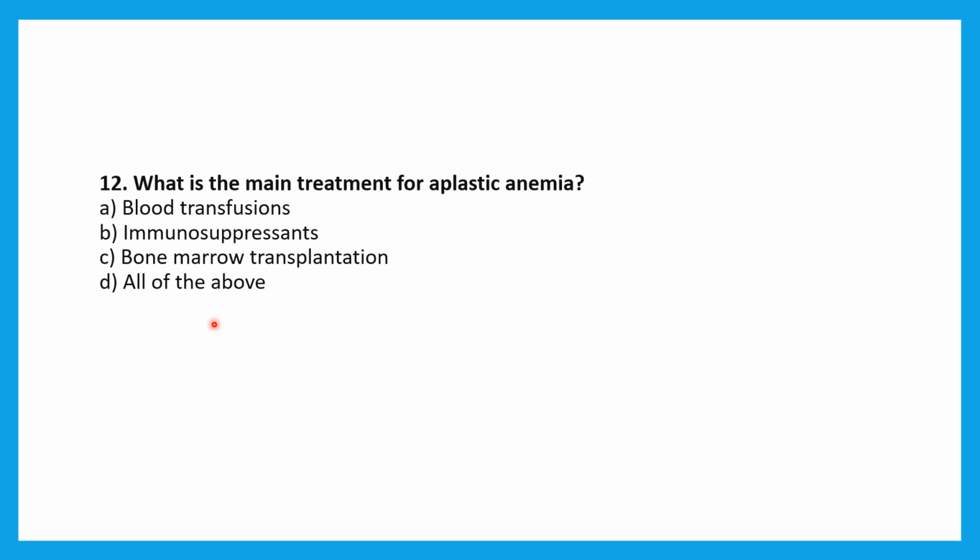Immunosuppressants are used for autoimmune causes. And bone marrow transplantation is the curative treatment for severe cases in eligible patients. That tells us that the correct choice is all of the above. All three choices are main treatments for aplastic anemia.